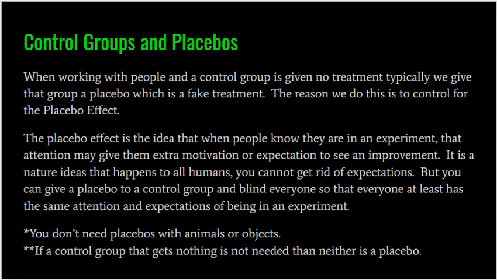So if I send people home and I tell them, hey, sorry, you're not going to get anything, well, I just created a confounding variable, because now those people no longer are motivated or having that high expectation to get something. You actually cannot get rid of the placebo effect, but you can control for it by making everybody feel that they are a part of the experiment, and you do so with a placebo.